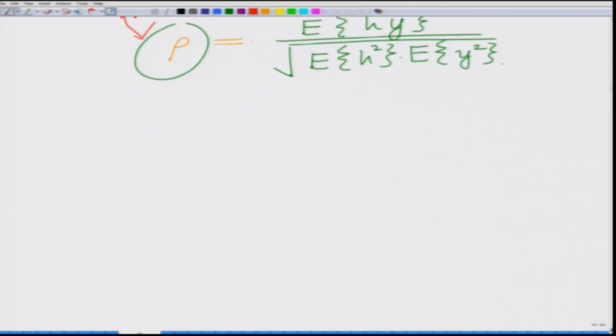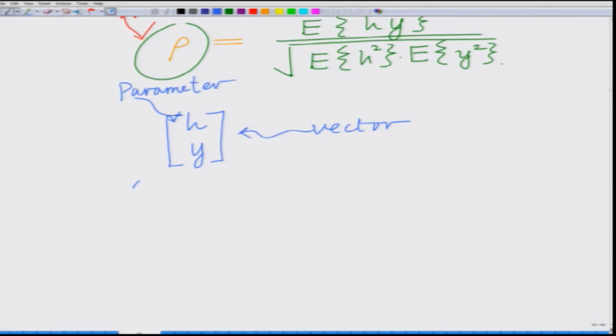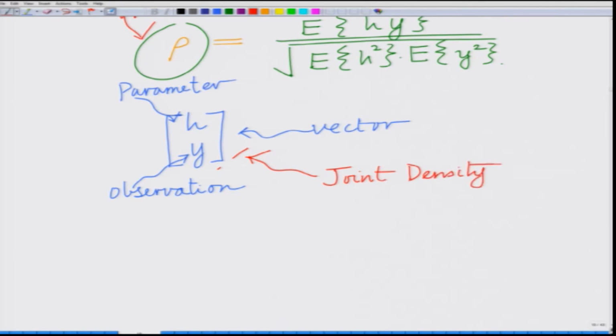So, let us define this vector, which has the parameter h and the observation y, and we want to come up with the joint probability density function of the parameter h and the observation y.